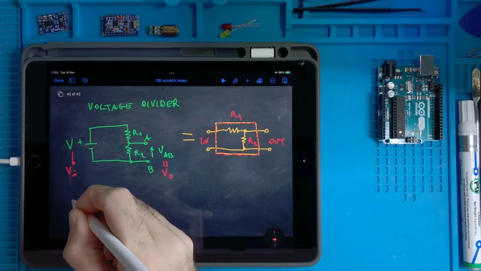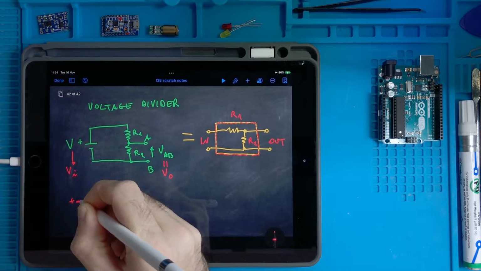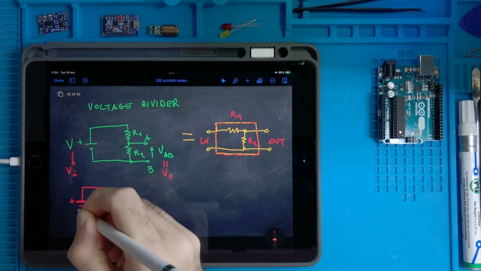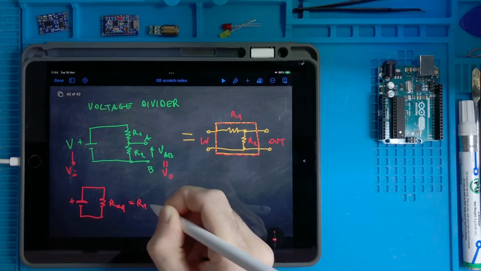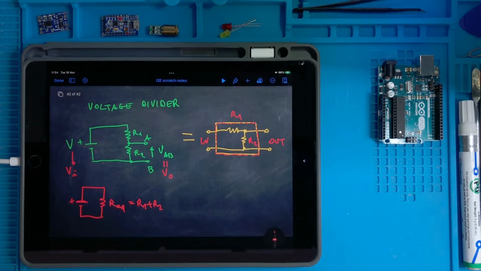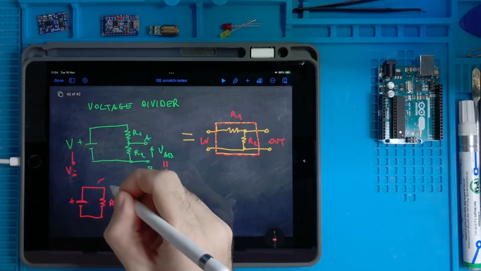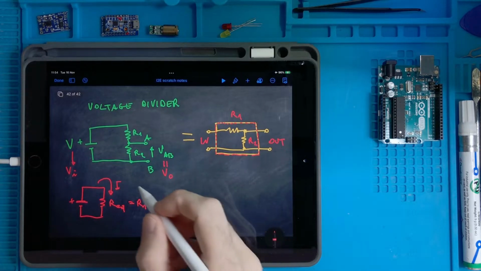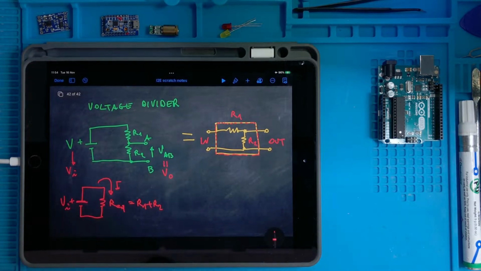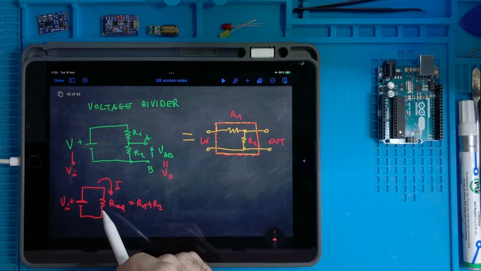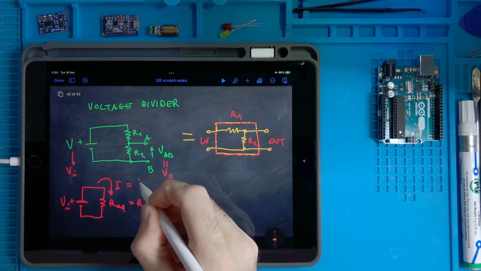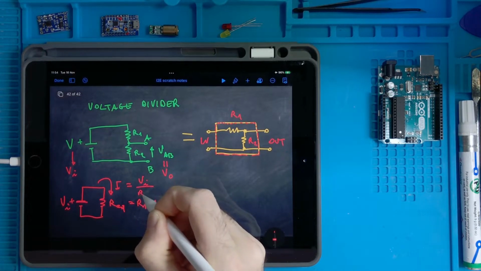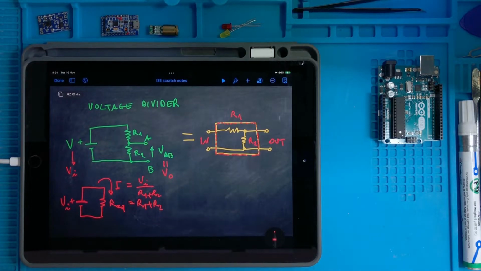I have a battery, then I put the equivalent resistor, which is just the summation of the two resistors because they are in series, and therefore the current I flowing in this circuit, if this voltage is V input, is simply the result of Ohm's law applied to this equivalent resistor. So it's V input divided by R1 plus R2.